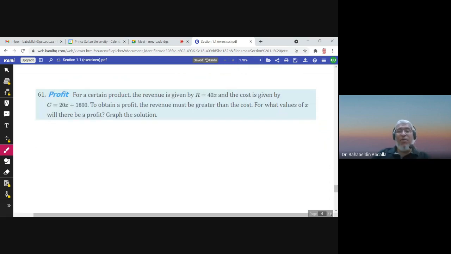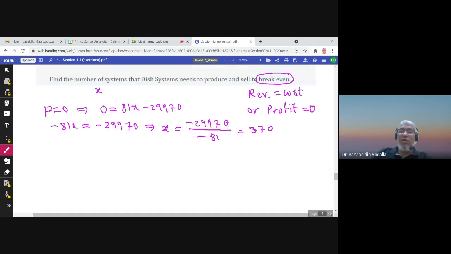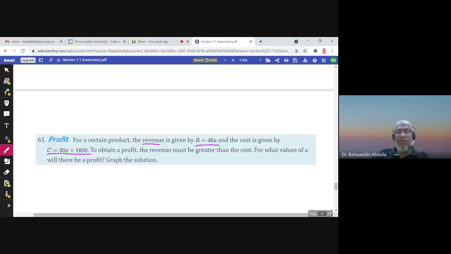For a certain product, the revenue is given by, so this is the revenue, and the cost is given by, so this is the cost. To obtain a profit, the revenue must be greater than the cost. We have seen here, when the revenue equals the cost, break even. To make a profit, the revenue should be greater than the cost.